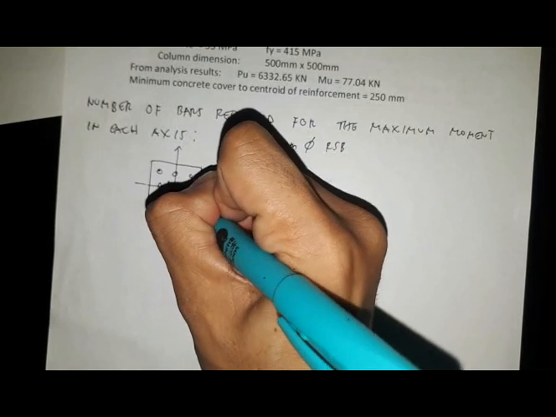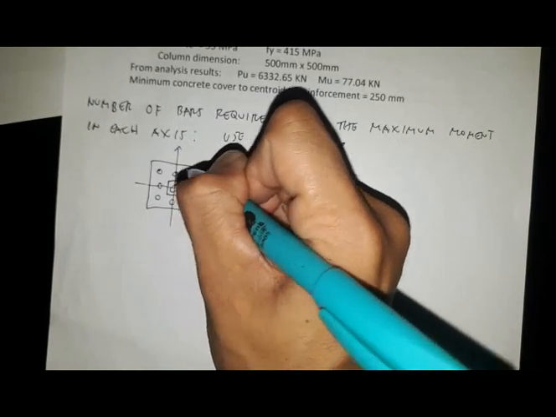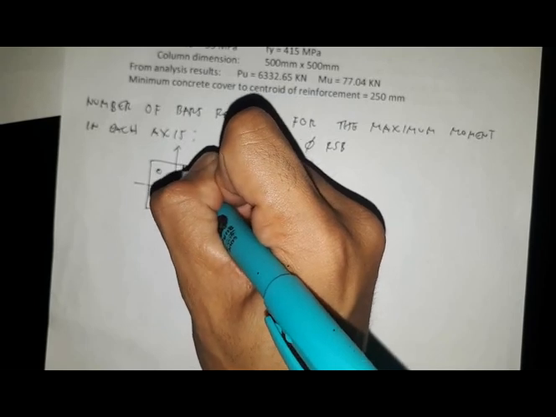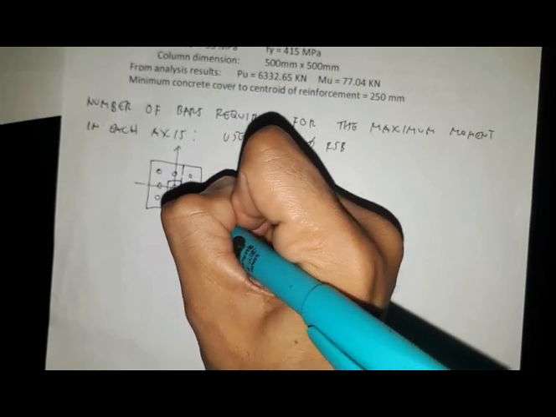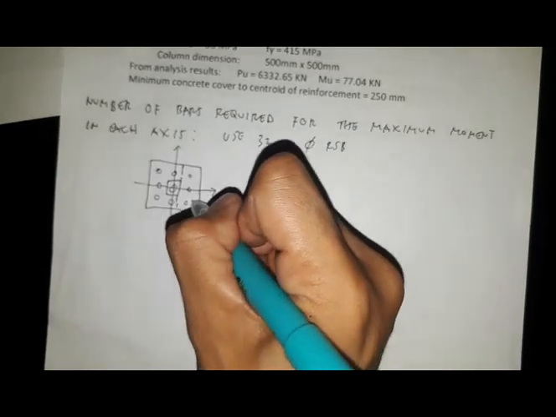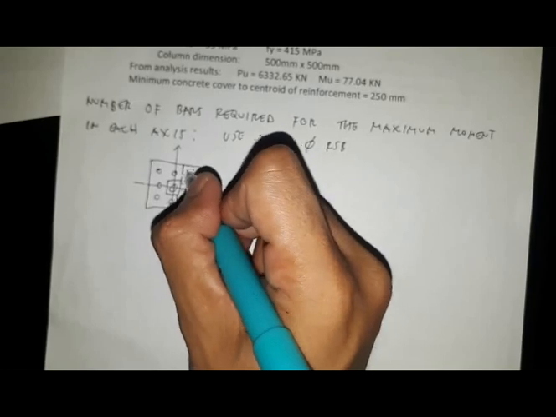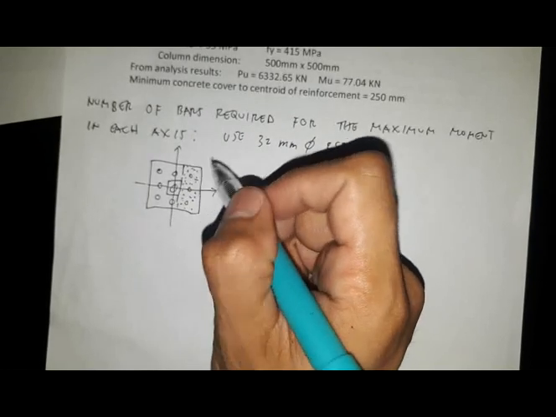so knowing that we have a square pile cap, we can solve one axis, and that is also equal to the other axis. So this is your area.